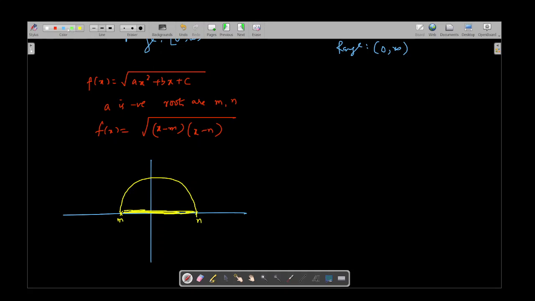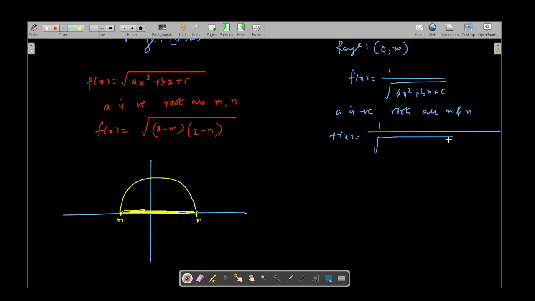And if you take the same thing, f of x is equal to 1 over square root of ax square plus bx plus c, and a is negative as well and the roots are m and n, then we can write f of x is equal to 1 over square root of x minus m and x minus n. Here x cannot be equal to m and x cannot be equal to n.